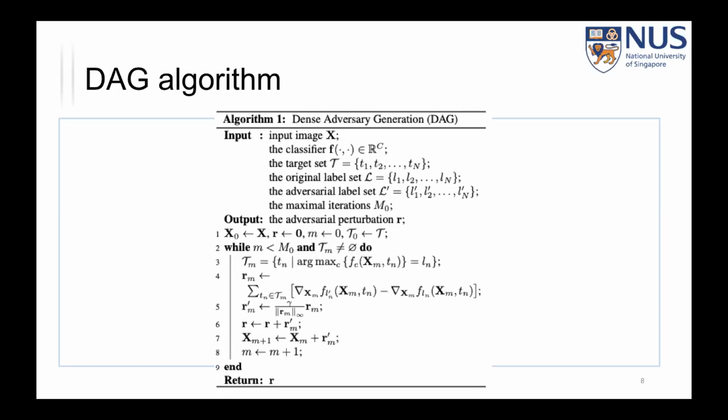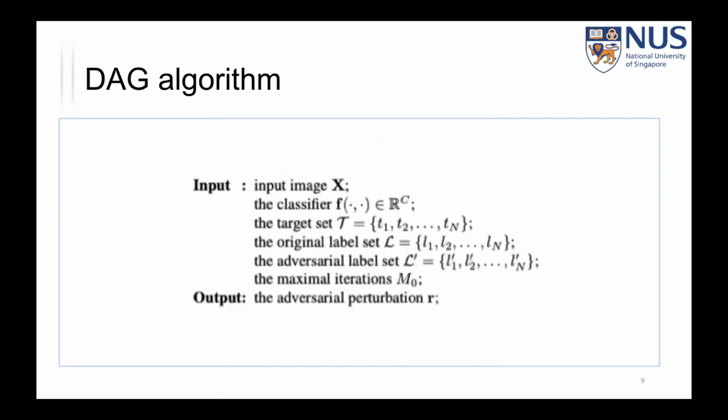Okay, let me go to the next one. So we talk about the target set. The target set is just the set of all the targets in the image. For example, if there are n targets in the image, it will be T1 to Tn. Then a label set: for example, you have a set of classifications like dog, cat, train, human, and so on.